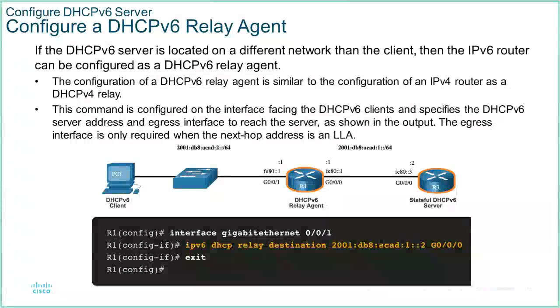Alright, so we're basically saying this is the server address you need to go to. You'd go there via being forwarded out of this interface. So we're saving the router from looking up and determining where this network is connected to.